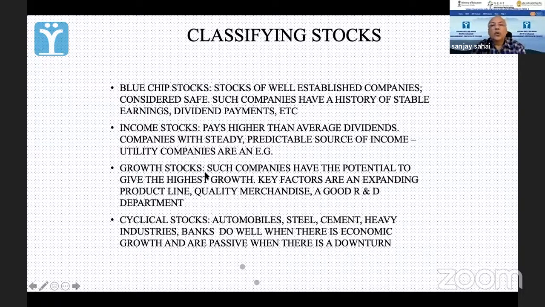This is the stock which we just discussed. So automobiles, steel, cement, heavy industries. Whenever there is good economic growth, these sectors will tend to do well. So if there is good economic growth, economic boom, that word boom can also be used for good growth.